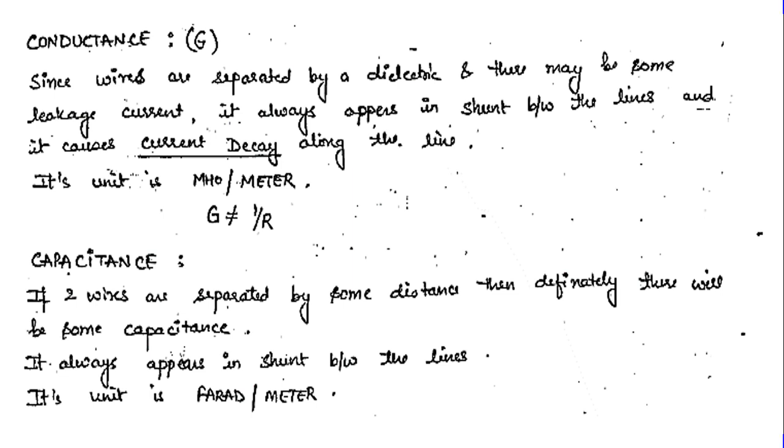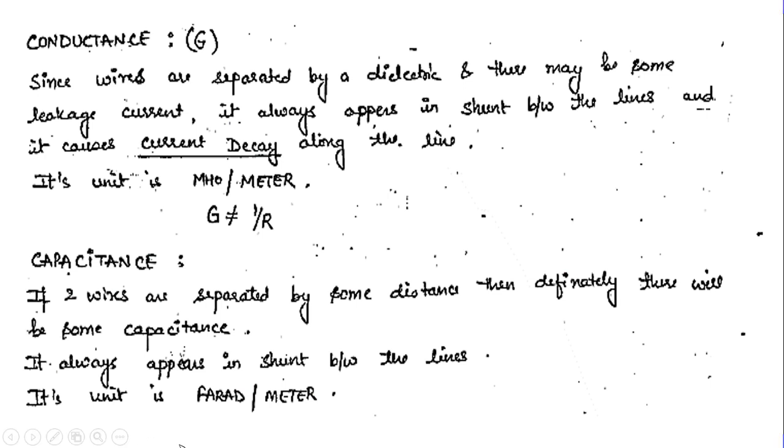Now if there is a shunt between the lines, the current decay will happen because of this conductance, and therefore the loss of current is because of this conductance. So whenever there is a loss of current, the conductance will be there. So R and G both cause the losses in the transmission line.